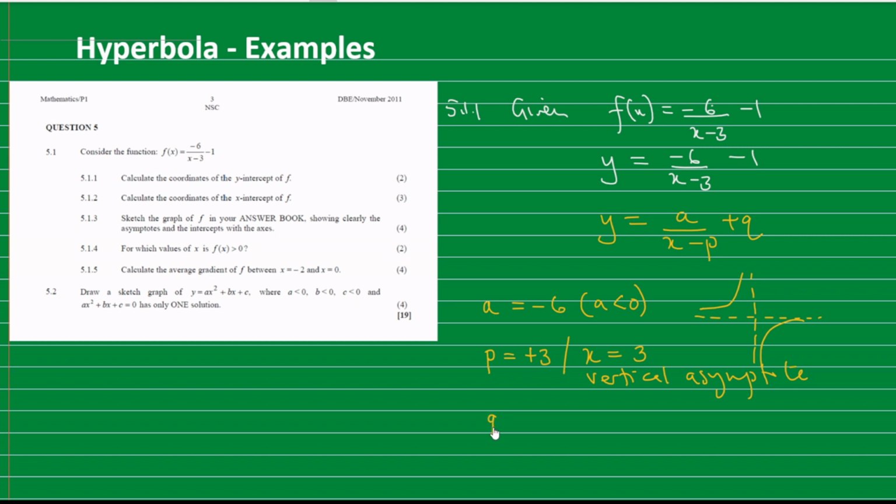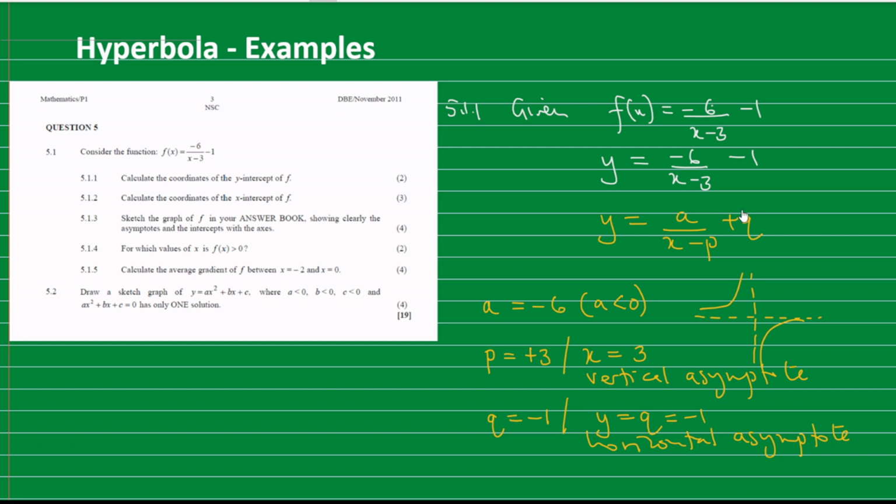So when q is negative 1, it means that the line y is equal to q is our horizontal asymptote, which is negative 1. The line y is equal to negative 1 is our horizontal asymptote. So that's what we can draw from here.